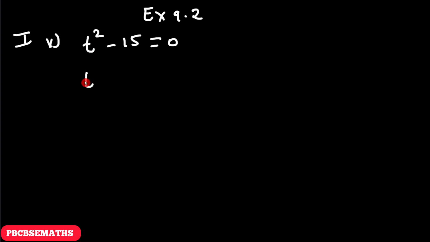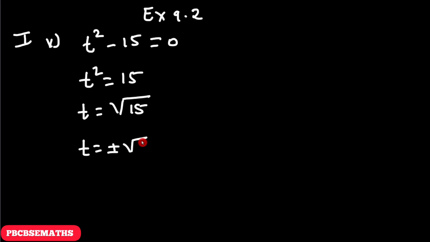So t square equals 15, then t equals square root of 15. So the value of t is plus or minus square root of 15.